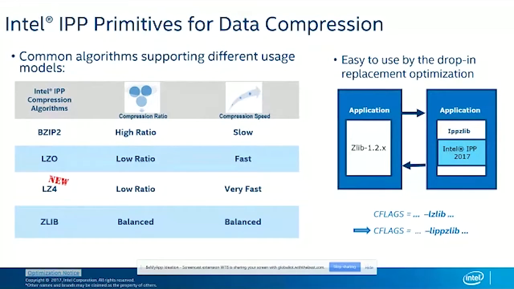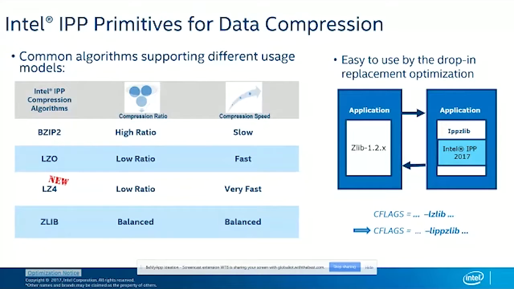On the other hand, Intel IPP offers another library called LZ4. LZ4 has a relatively low compression ratio, but this algorithm is very fast, so it can be used for real-time data compression.